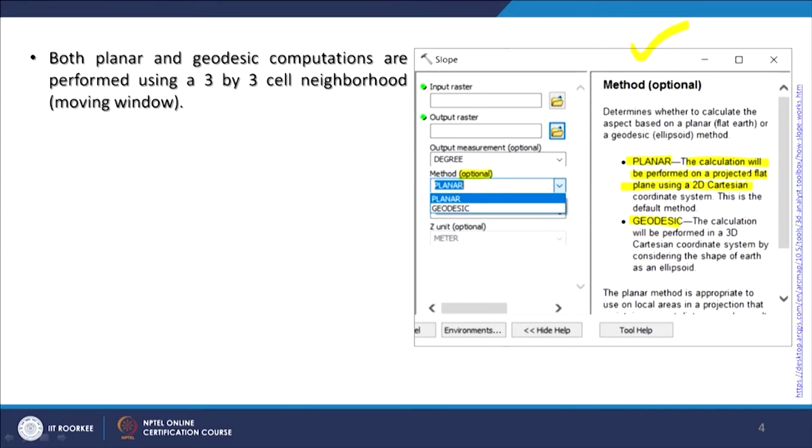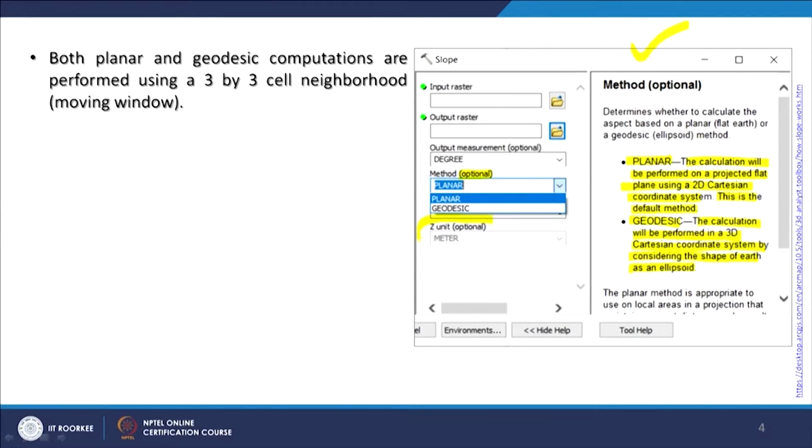So, your data, which of course represents 3-dimensional data, a digital elevation model, is projected on a 2D coordinate system and then calculated, and this is the default setting in most of the softwares. Now, for geodesic, the calculation will be performed in a 3D Cartesian coordinate system by considering the shape of the earth as an ellipsoid. If you want further details, of course those are available.